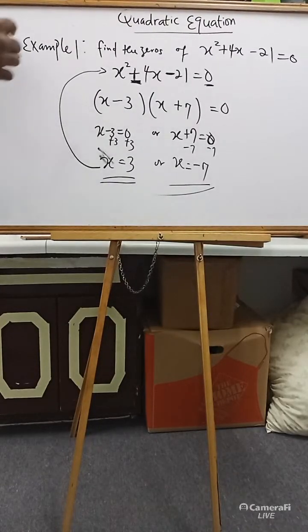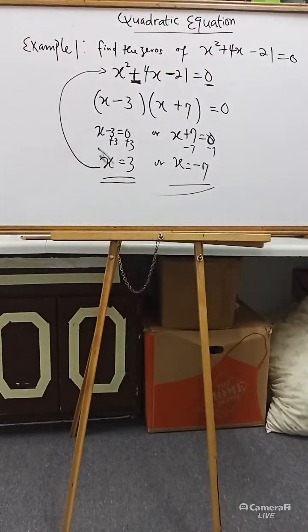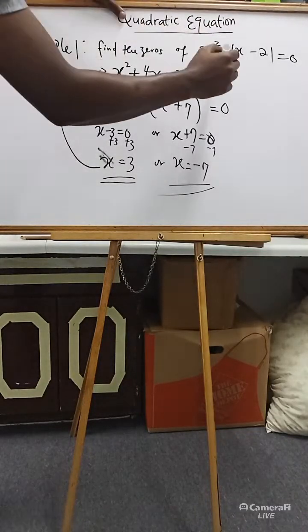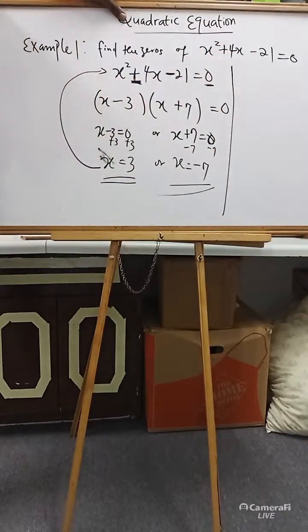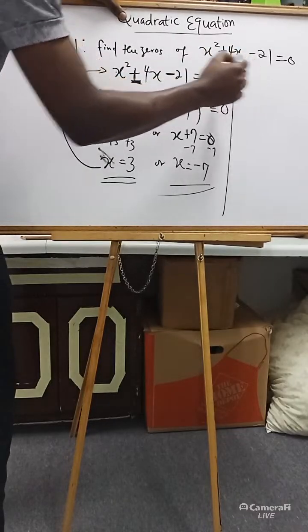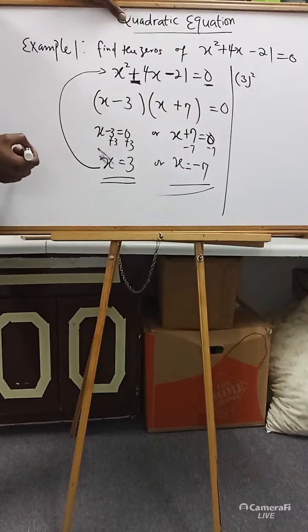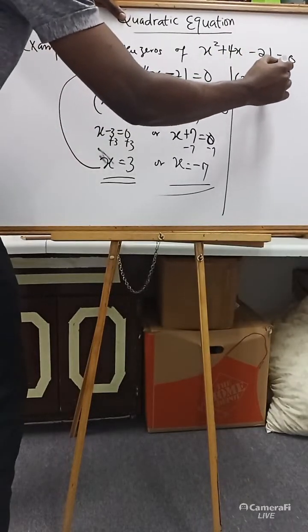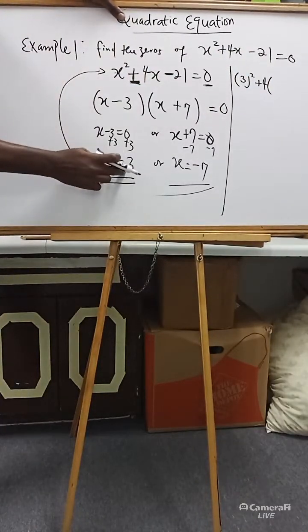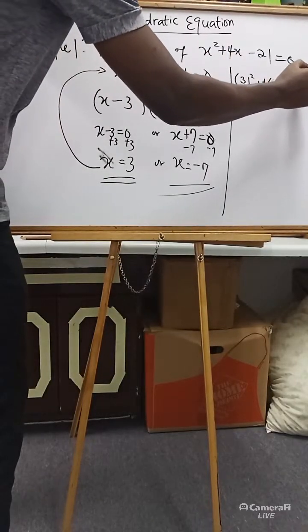And for you to do that, don't forget we have x squared. So you plug in 3 for x, which is 3 raised to power 2 plus 4 times 3 minus 21.